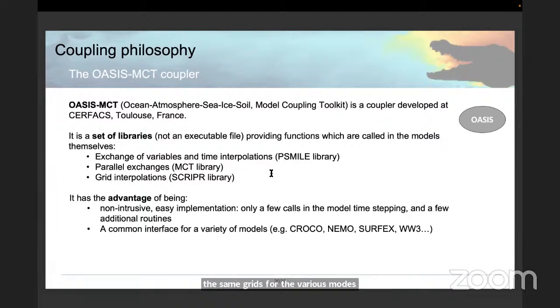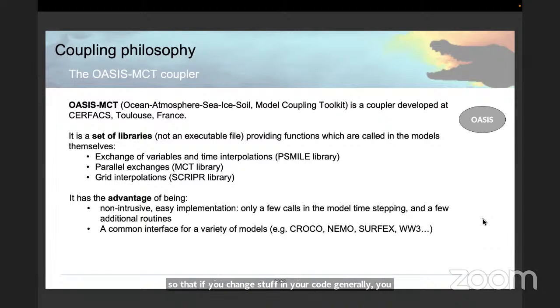The advantage of this Oasis library is that it's non-intrusive in the code. It's just a few calls in a few routines of the model, so it's easy to implement and non-intrusive. It doesn't require in-depth changes in the code, so if you change stuff in your code, generally you won't have anything to change in the coupling interface.